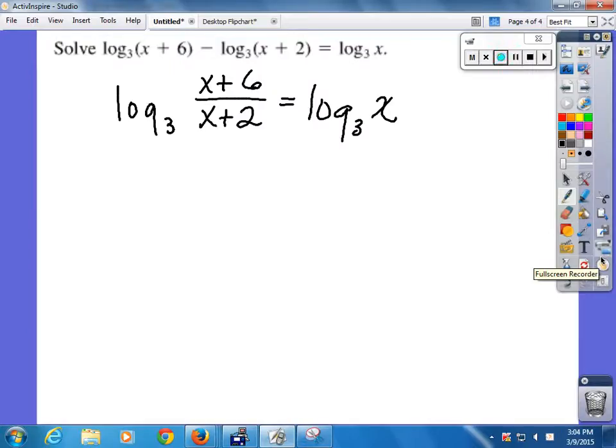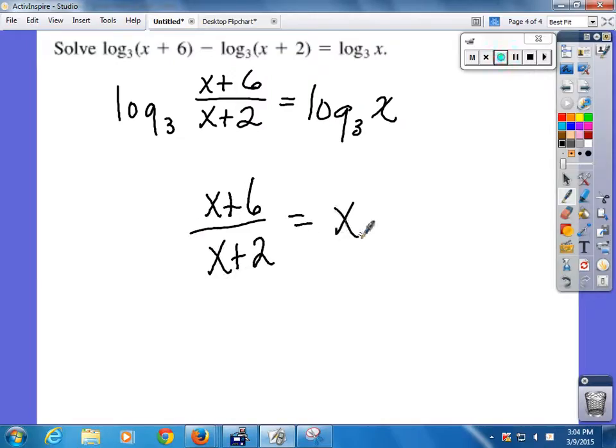So if you have the same base and they're equal to each other, then this is equal to this. So x plus 6 over x plus 2 is equal to x.